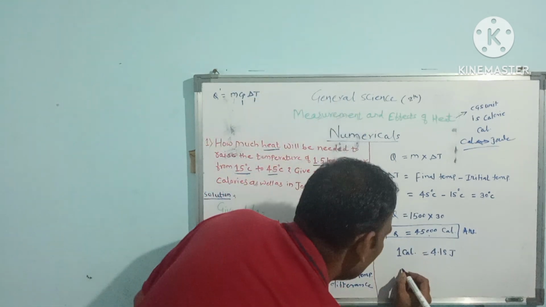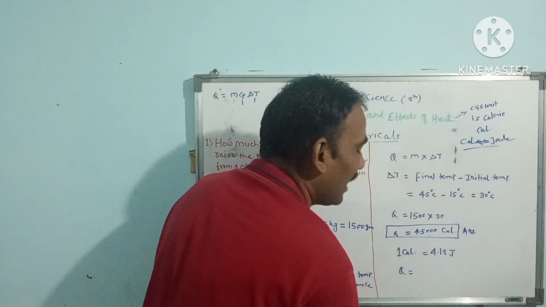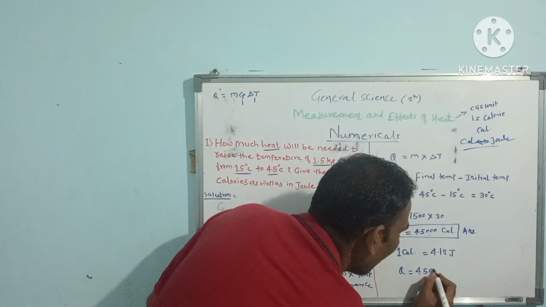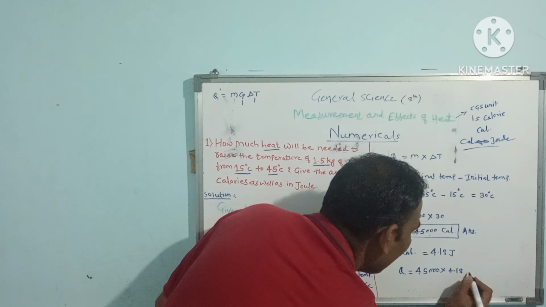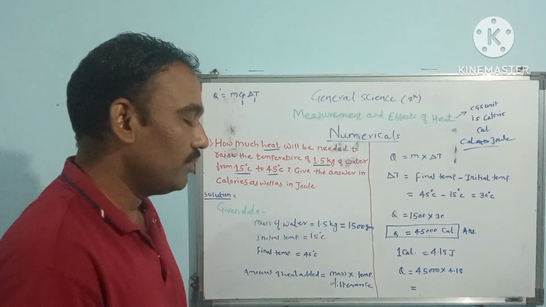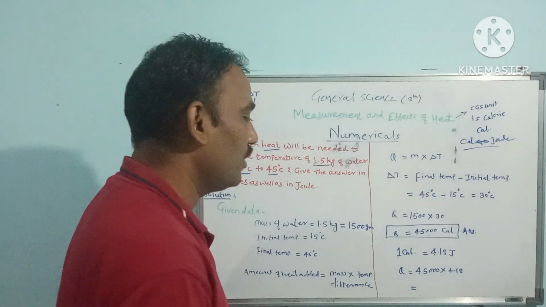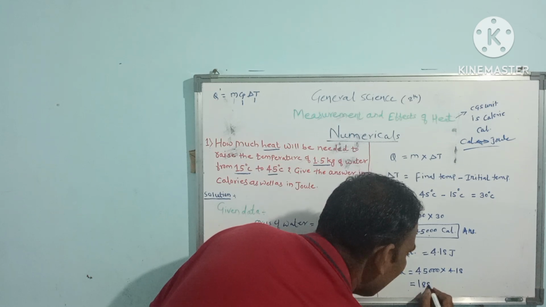So Q is equal to 45,000 calorie, which can be converted into joule as 45,000 into 4.18 joule, and this will be equal to 188,100 joule.